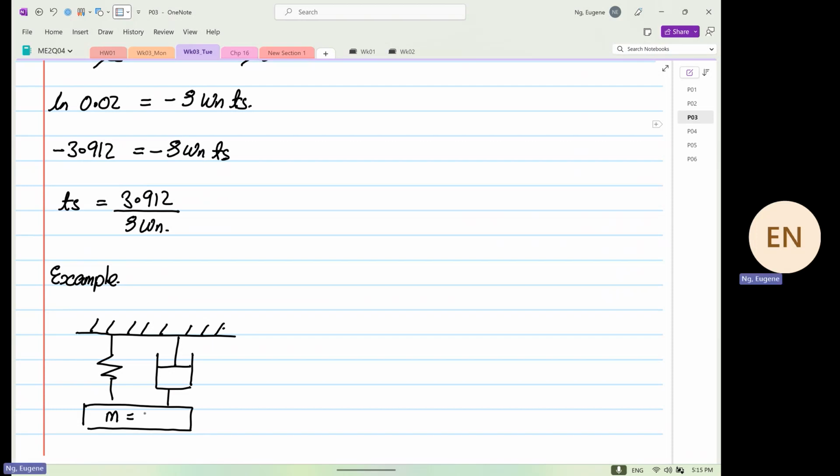The mass is 9.072, and the spring stiffness is 1250 Newton per meter.